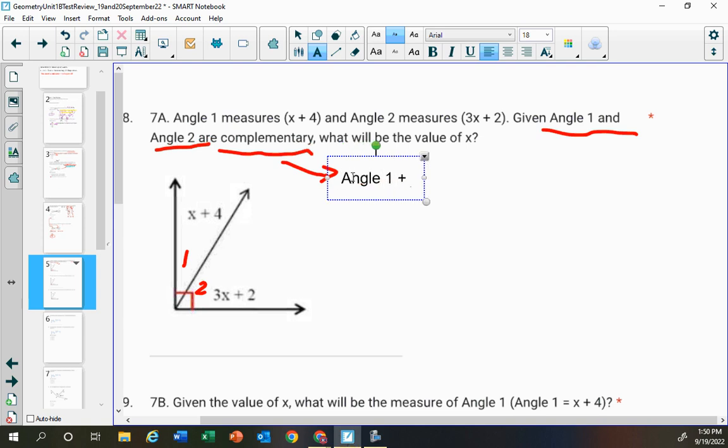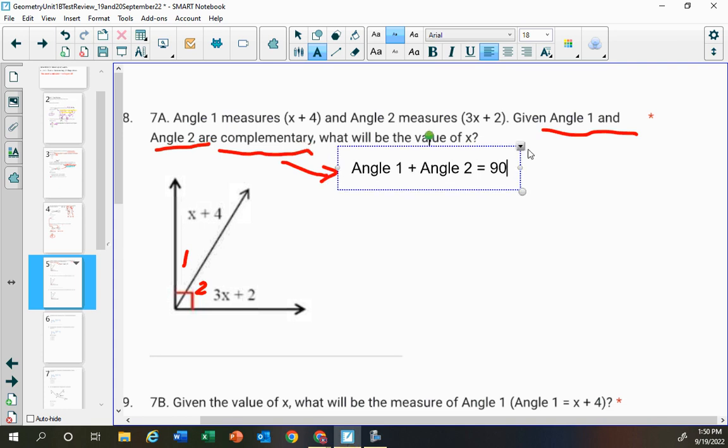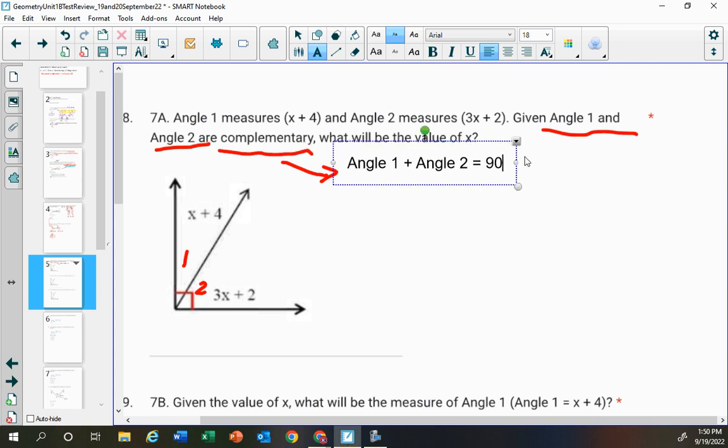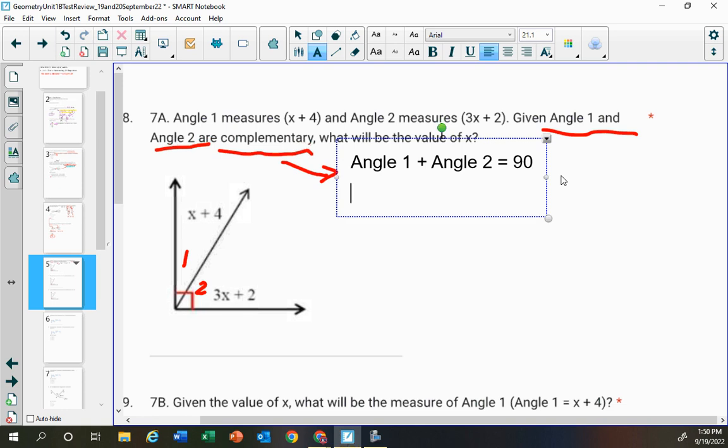Angle 1 plus angle 2 equals 90. But now, I think on the test I might have broken it down a little more. I'll look. But that's complementary. Your angles add up to 90. Now, what expression is angle 1? Well, which one? What are we going to replace angle 1 with? X plus 4.